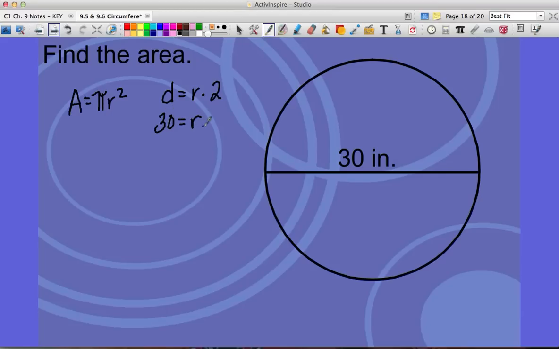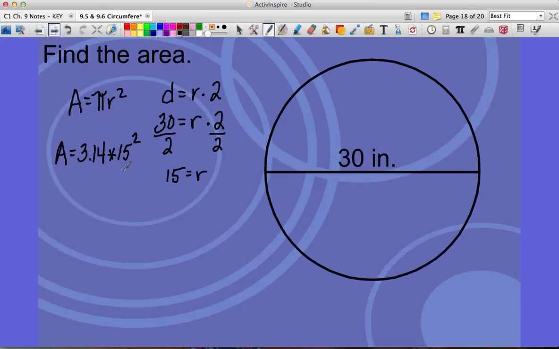I don't know what r is, and I can't change times 2 because that is a constant. But to solve, I can divide both sides by 2, and I know that the radius is equal to 15 inches. So for my formula, I can plug in A is equal to 3.14 times 15 squared.